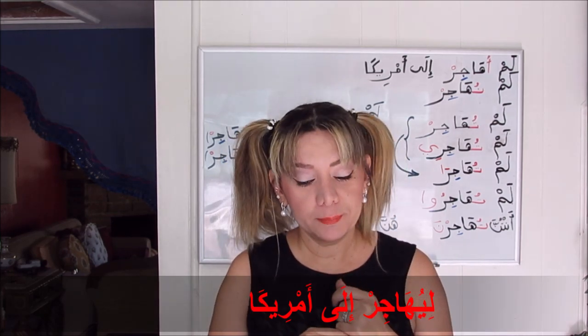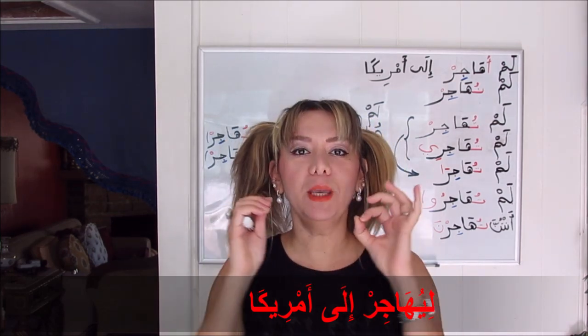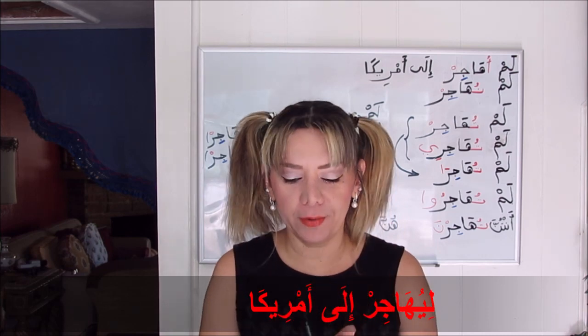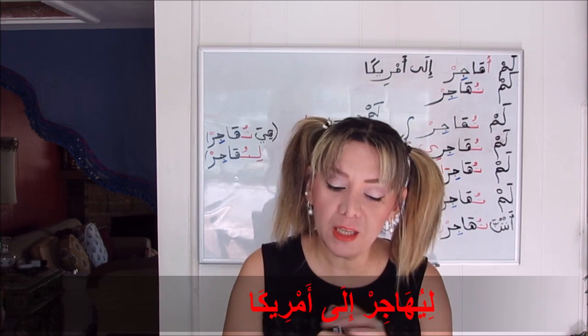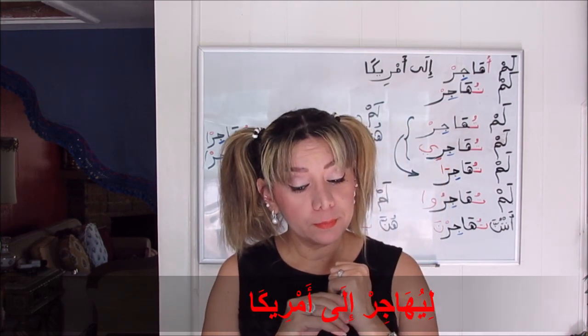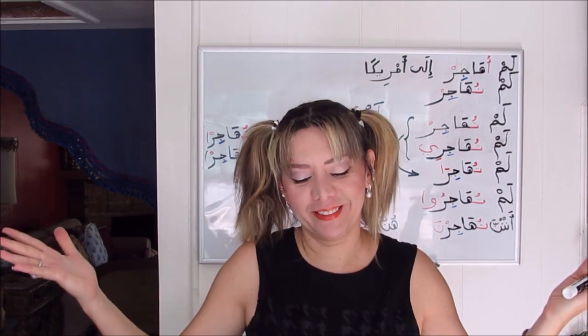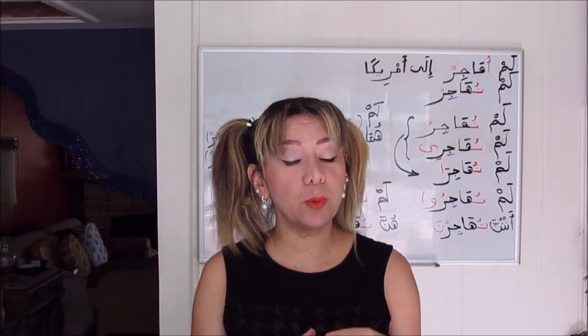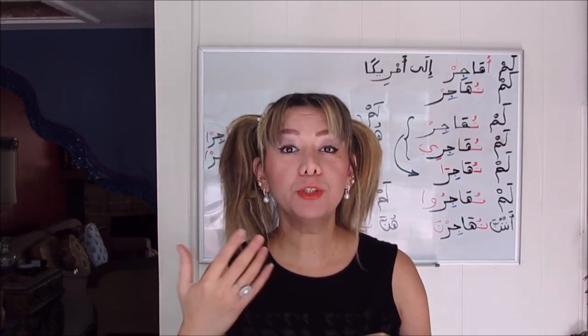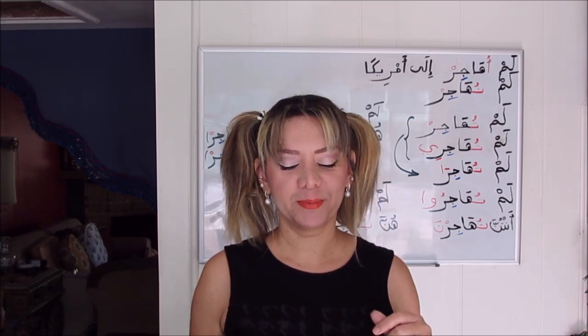What does it mean? He has to immigrate to America. It's necessary that he immigrates to America for whatever reason. The jussive, a mood which can also appeal to the object's code of conduct.